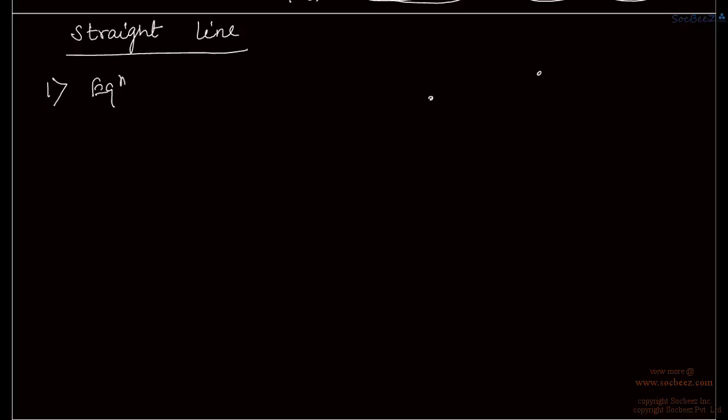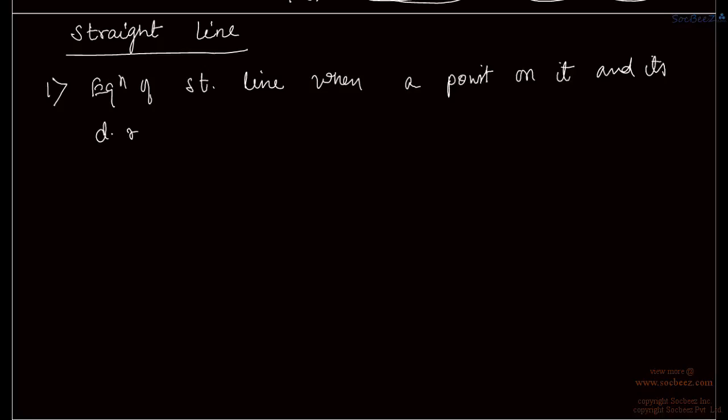Equation of straight line when a point on it and its direction ratio or direction cosine are given.